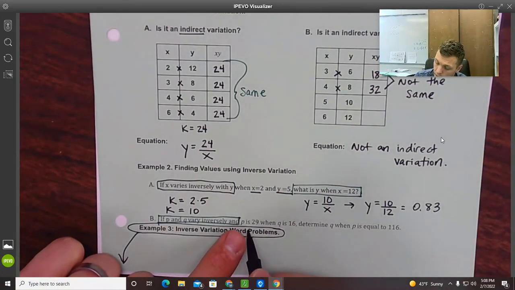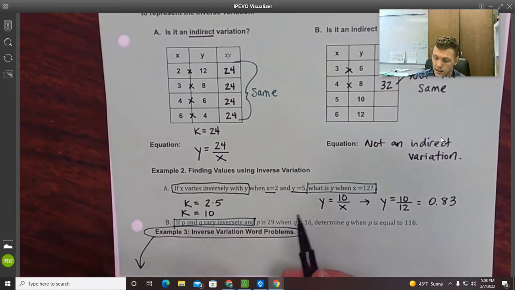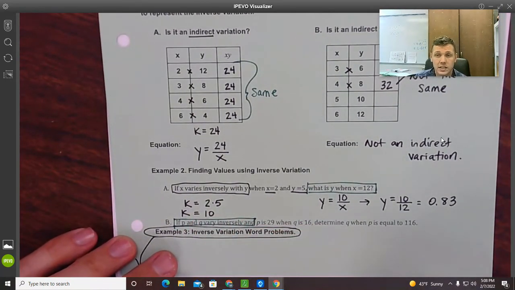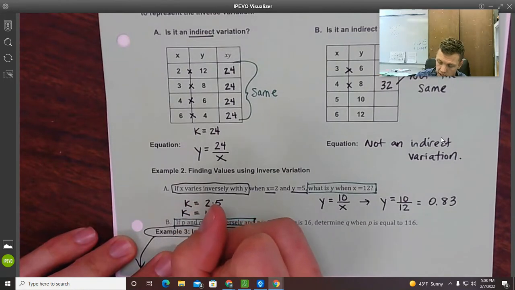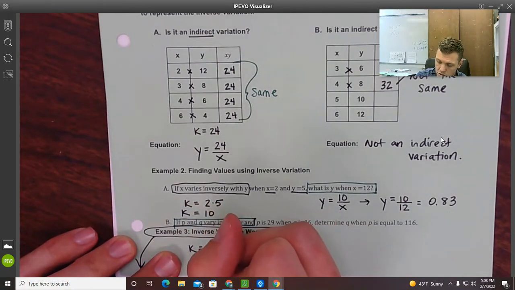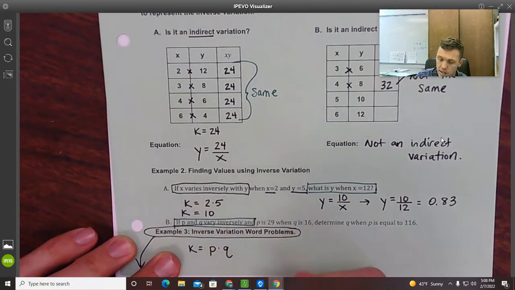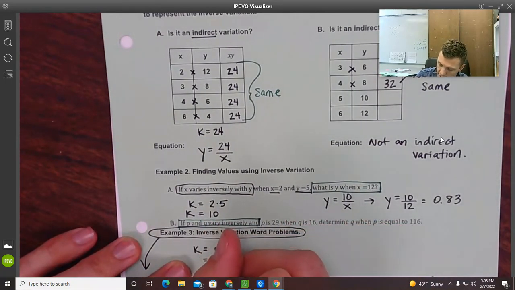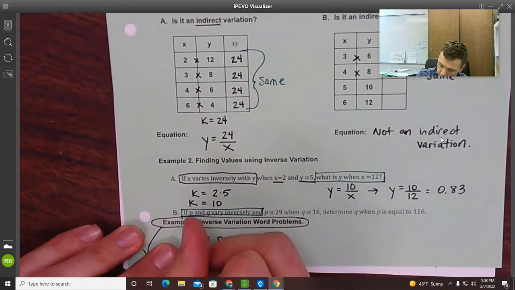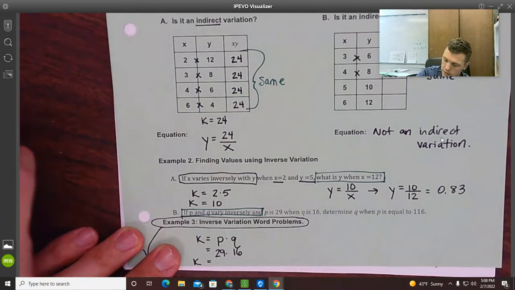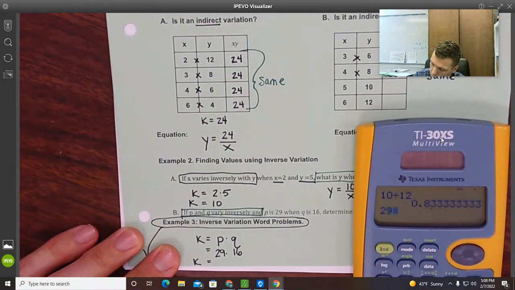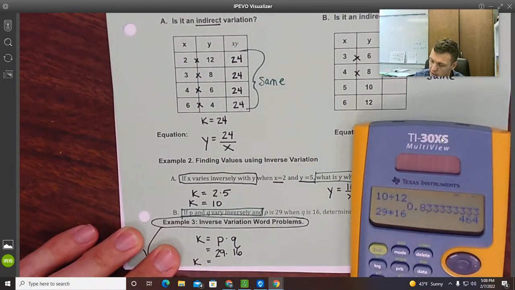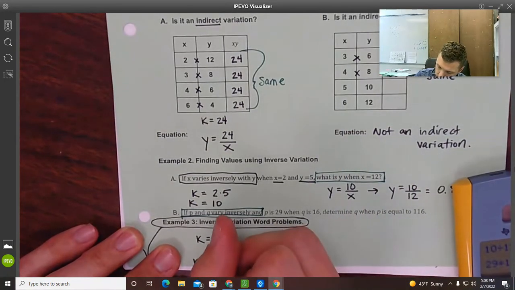So P is 29 and Q is 16. So now we're not dealing with X and Y, but we're still going to work with K. K this time is just going to be equal to P times Q, right? Which P is 29, Q is 16. So K equals 464.